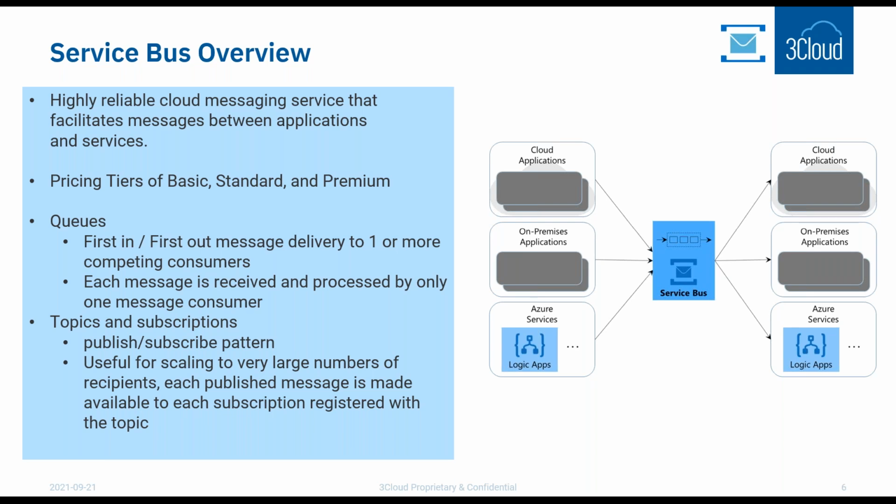You can set up different filters on your subscriptions, so that one subscription can read all of them, and one subscription can read only a certain subset of them. So it makes it useful for reading different types of messages and sending them to multiple consumers.